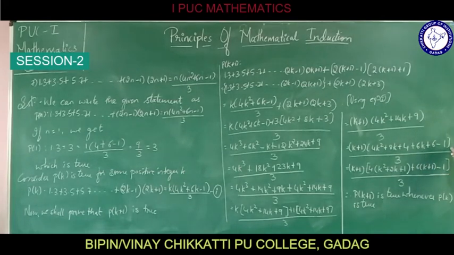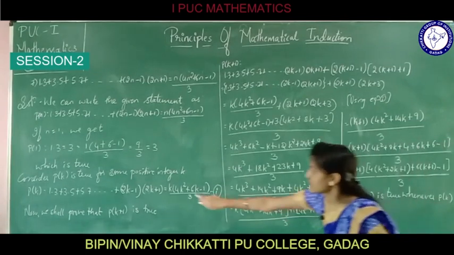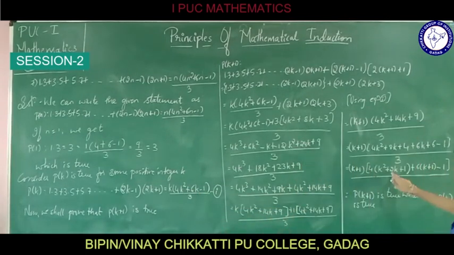To simplify further, in these three terms 4 is taken out common: k square plus 2k plus 1, plus 6. That is, 4k square can be written as k square plus 2k plus 1, plus 6 into k, here 6 into k plus 1 minus 1, as it is divisible by 3.